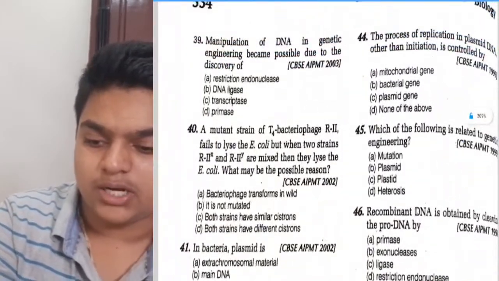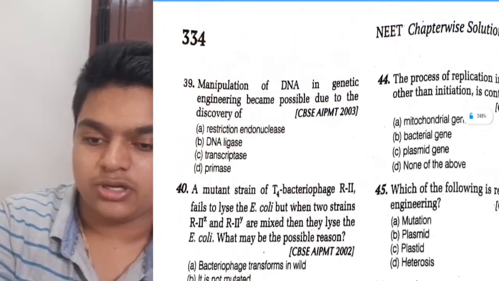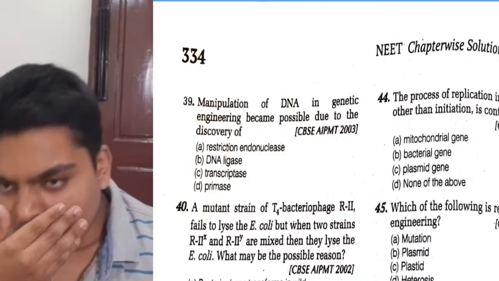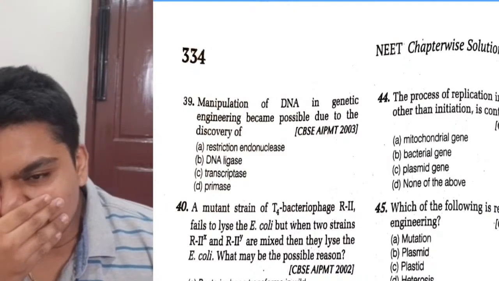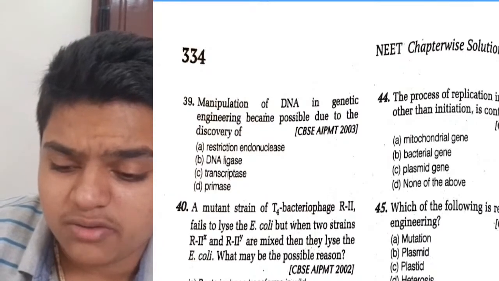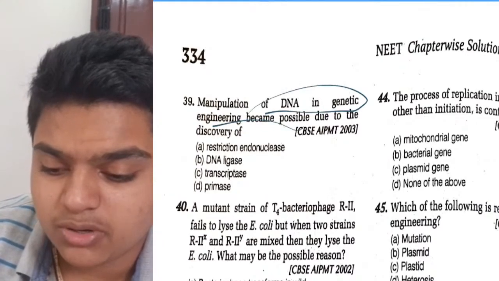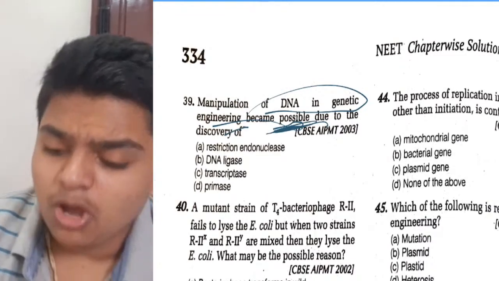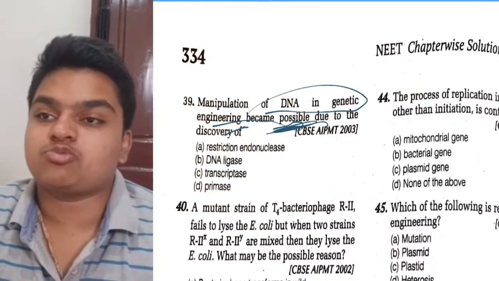Okay. Now let us come back to biotechnology. Sorry guys. Manipulation of DNA in genetic engineering became possible due to the discovery of. How many times would this fellow ask these questions, guys?